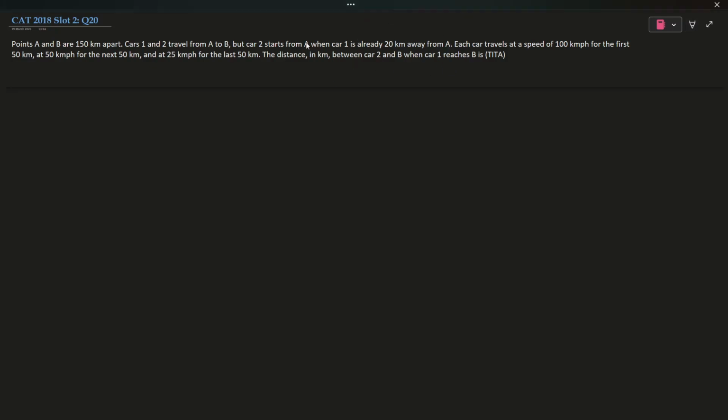So I will draw a straight line so that it is easier to visualize the situation. Let's say this is the starting point A, this is the ending point B. There are 3 equal parts, so I will divide it into 3 equal segments, each segment of 50 kilometers.